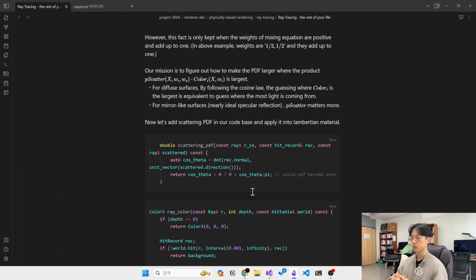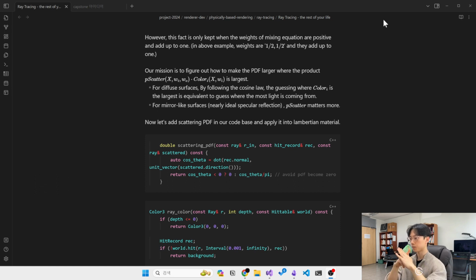So our mission is to figure out how to make the PDF larger where the product of p scatter and color is largest. And there are two cases. For a diffuse surface like a Lambertian surface, following the cosine rule, let's assume we have a surface like this, and there is a normal vector above this surface.